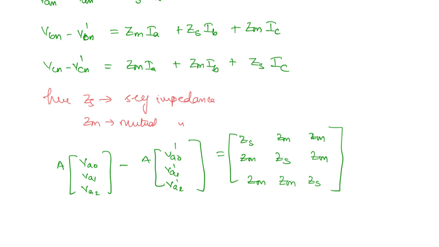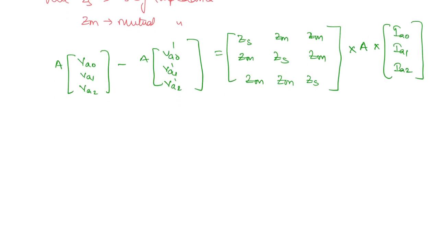Now we pre-multiply with A inverse. Here A is now going to vanish.